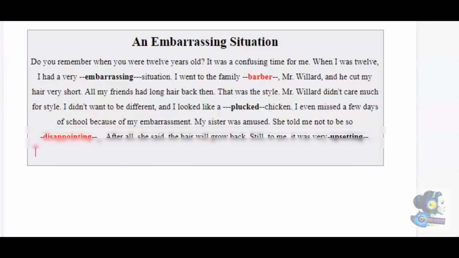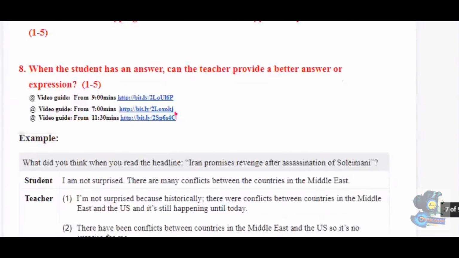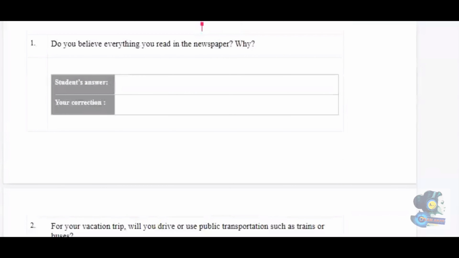Okay, so lastly, in this part of the lesson, let's have your opinion. Are you ready? Yes. So Sandy, how often do you read newspaper? Not often. So maybe if there's just a big news or craze. Okay. So first question, do you believe everything you read in the newspaper?